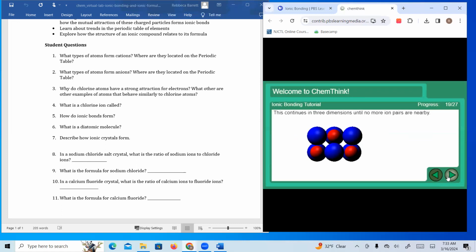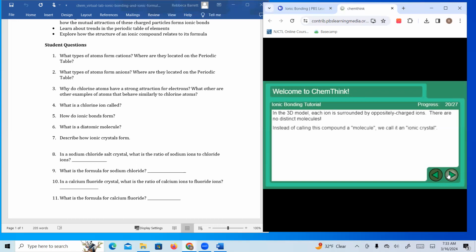This continues in three dimensions until no more ion pairs are nearby. So we can look at this three-dimensional sodium chloride crystal. In the 3D model, each ion is surrounded by oppositely charged ions, and there are no distinct molecules. Instead of this compound being called a molecule, it's called an ionic crystal.